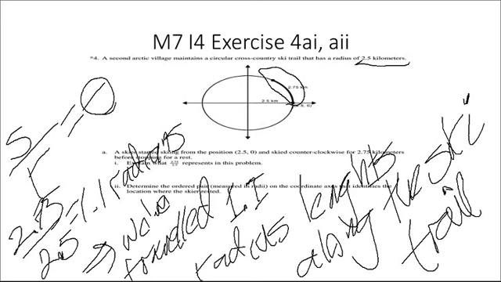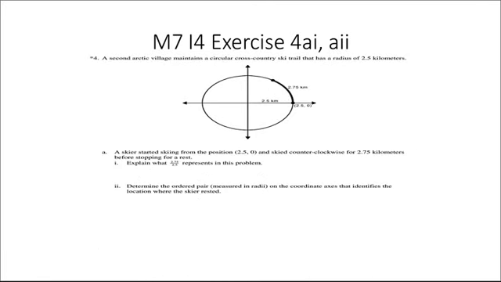Okay, so now part 4a double I asks us to determine the ordered pair measured in radii on the coordinate axes that identifies the location where the skier rested. So we no longer want our unit of measure to be kilometers, right? That would be this. Well, let me change that and go back to what I used earlier. We don't want this in kilometers.